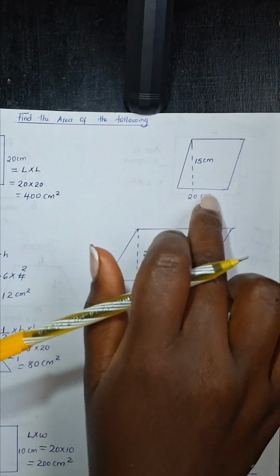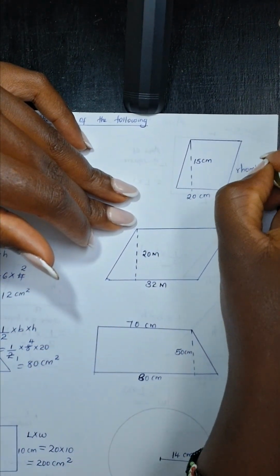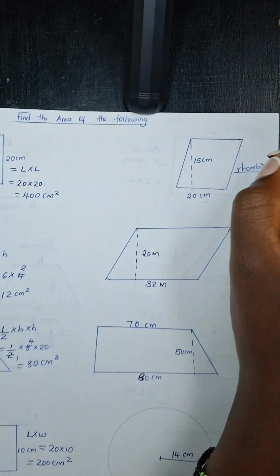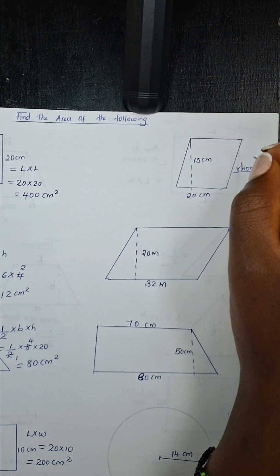I have this rhombus here. Remember we had said that to get the area of a rhombus, how do we do it?